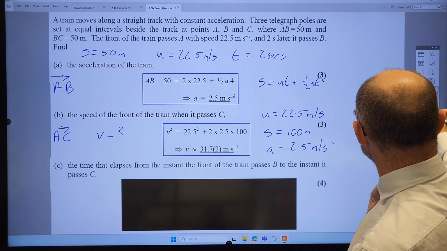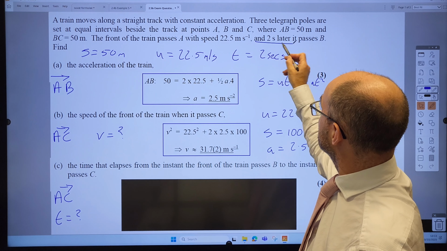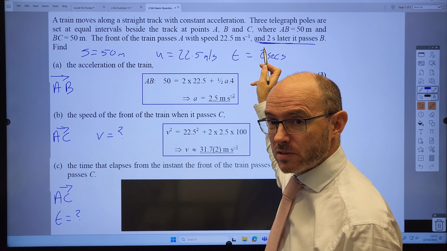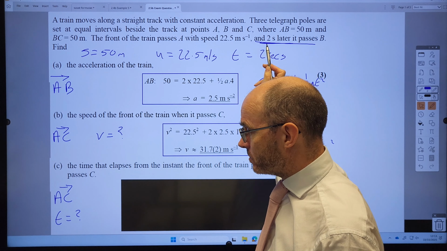Because we're told the time taken to get from A to B is 2 seconds, I can just work out the time taken from A to C and subtract 2. Makes sense? They're moving from A through B to C, and because I know A to B is 2 seconds, B to C must be the difference between 2 and whatever the time is for the whole thing, A through to C.